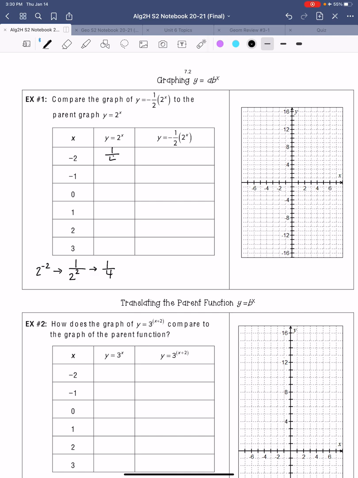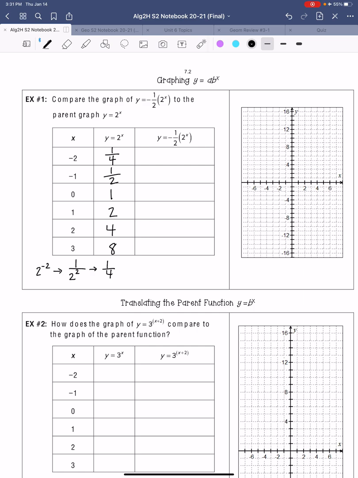Okay, 2 to the -1, that means we're going to move it down to the denominator. So now we're going to have 1 over 2 to the first power, which is 1/2. To the 0, anything to the 0 power is 1. And then we're going to have it to the first power. 2 to the first power is 2. 2 squared is 4. 2 cubed is 8. So this is going to be my parent function.